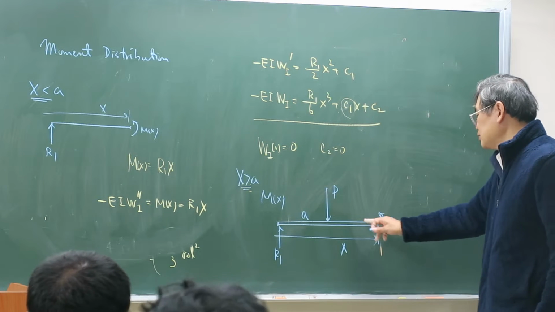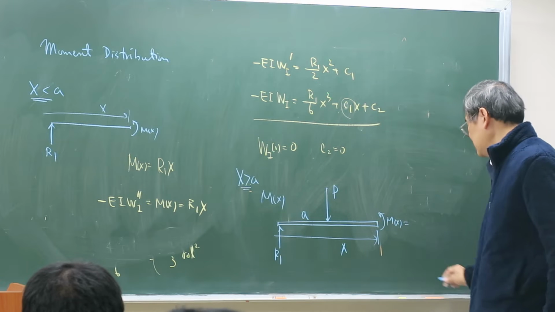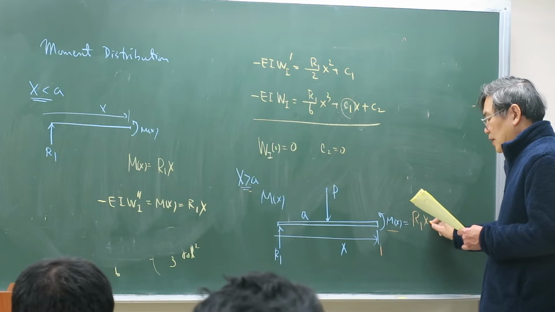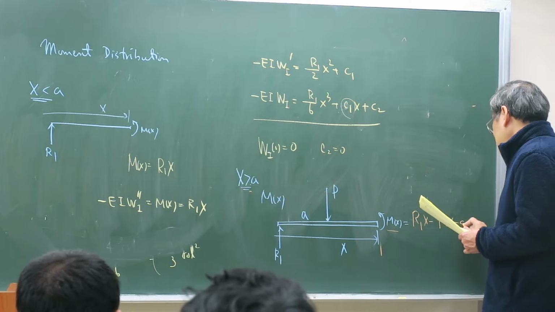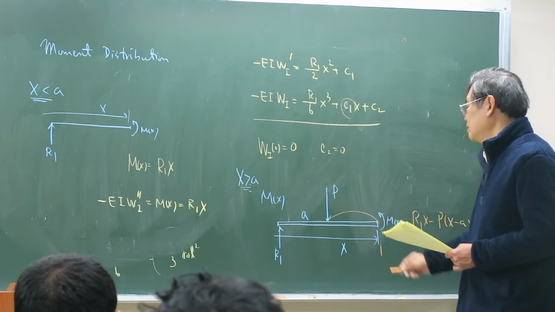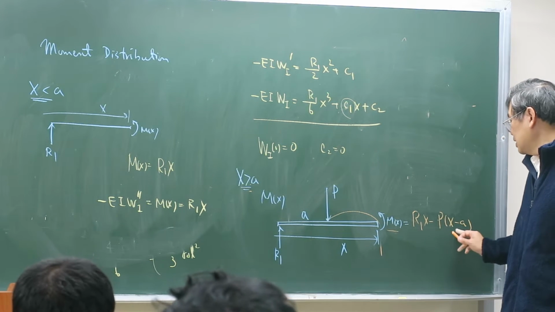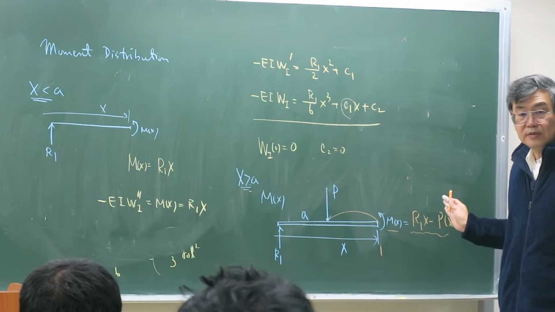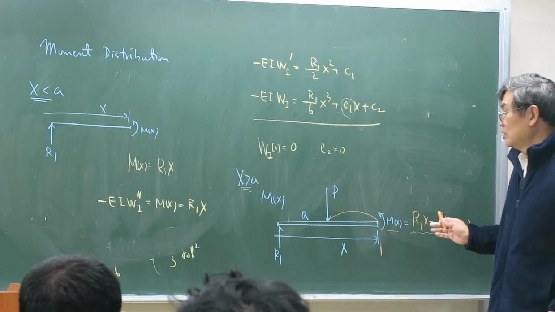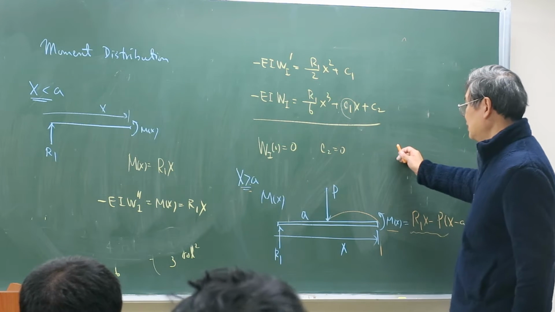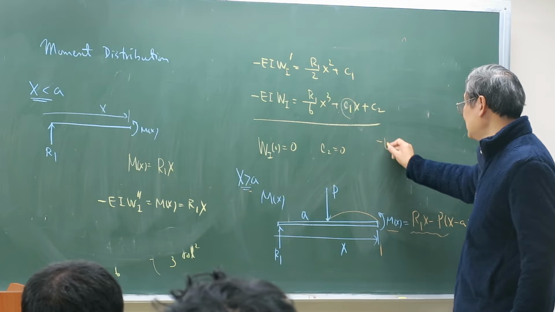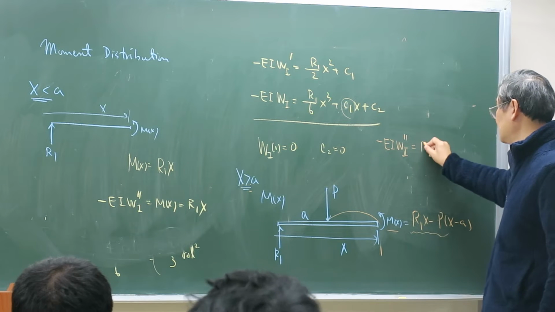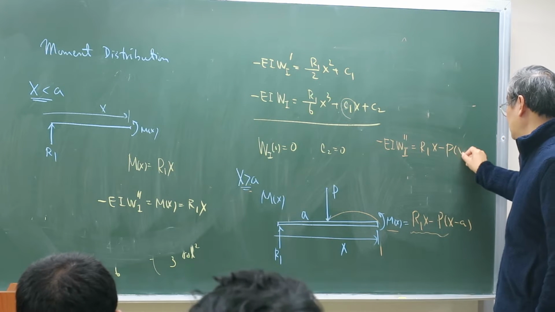So the moment at this cross-section for x larger than a is R1x minus P times (x minus a). This is minus the moment of P times (x minus a). So this is my moment for x larger than a. For this, another governing equation is minus EI W2 double prime equal to moment, R1x minus P(x minus a).